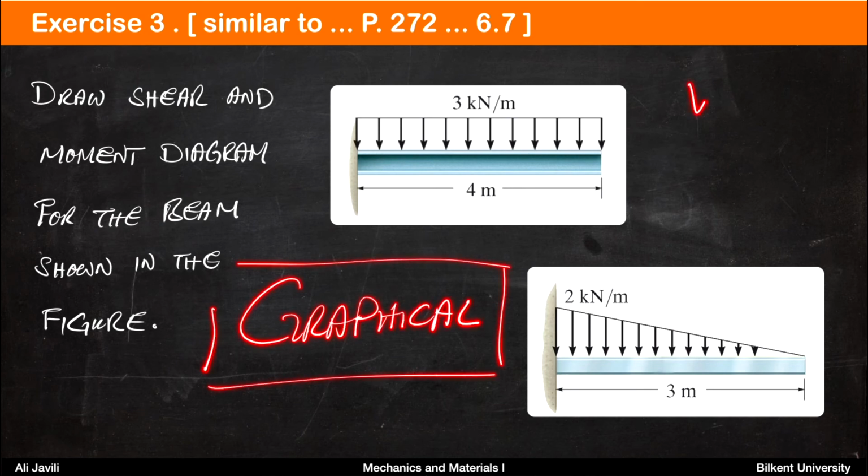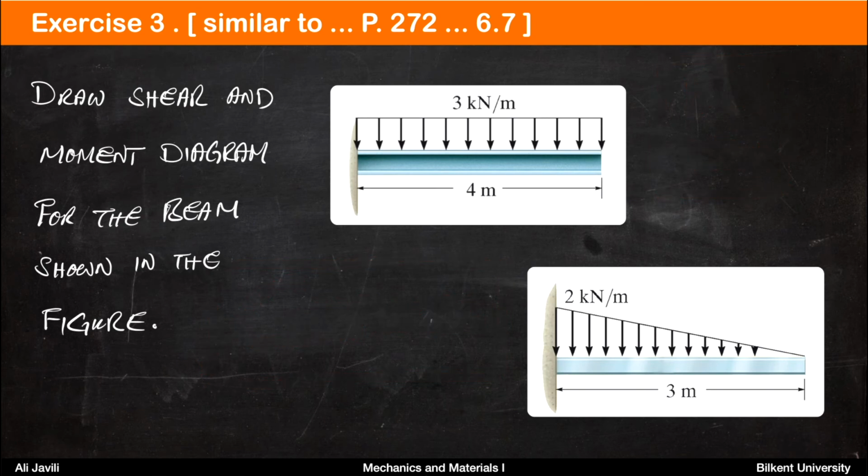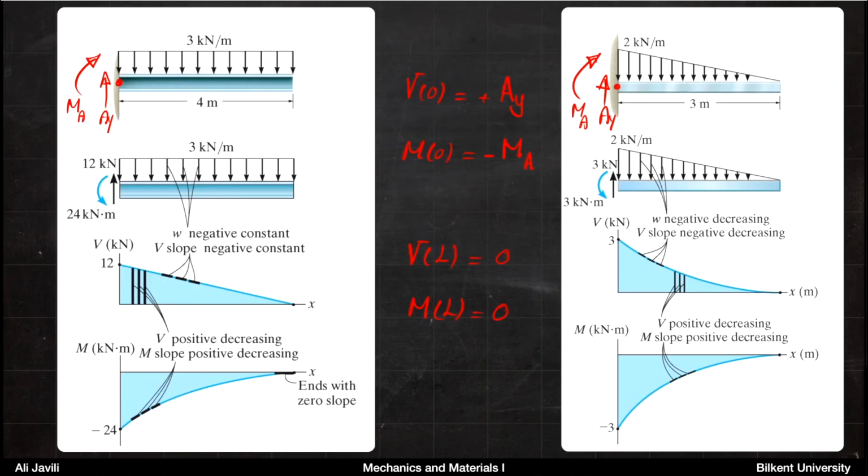Pay attention that we are not interested to calculate Vx and Mx separately and then draw the diagrams. You can obviously do that, and sometimes you may be asked to do that, but right now that's not the question. You are asked to just draw them using the graphical method. So we do that here together in the same slide.